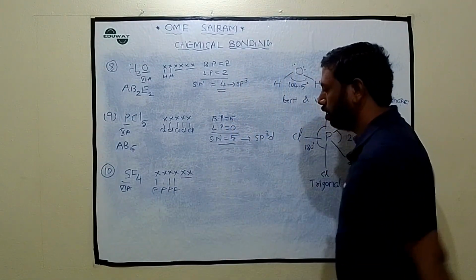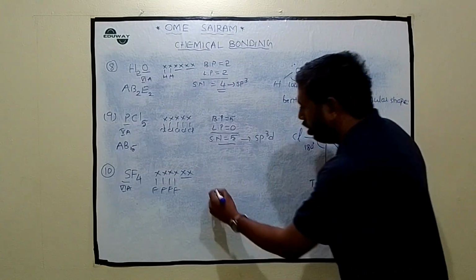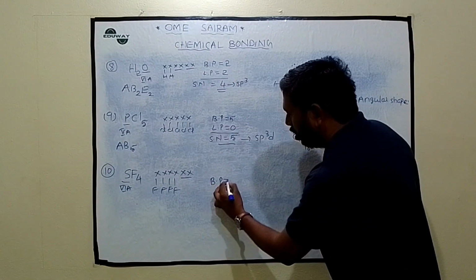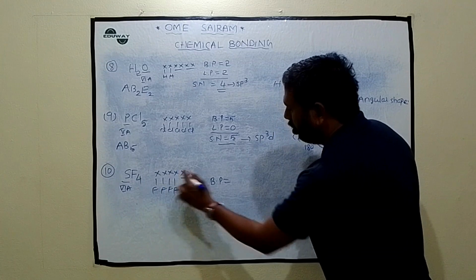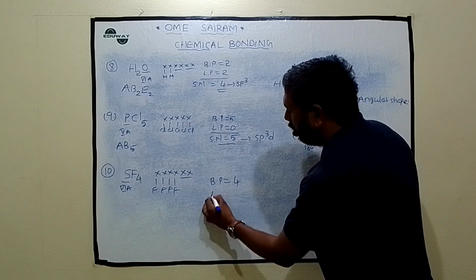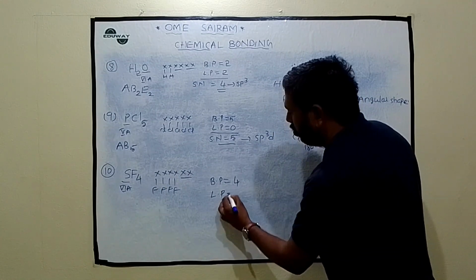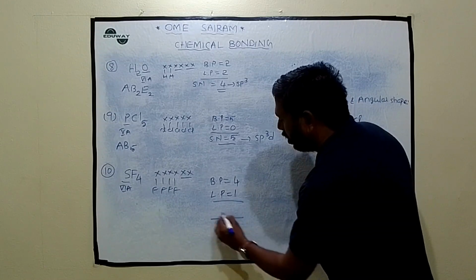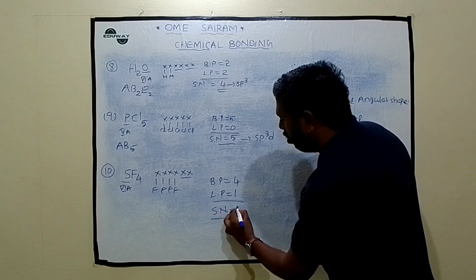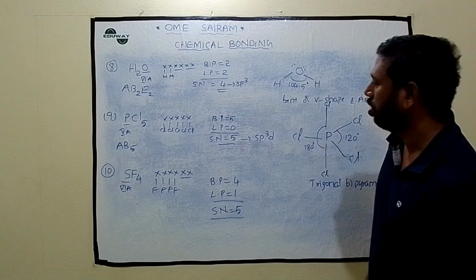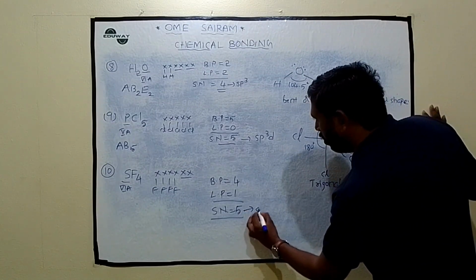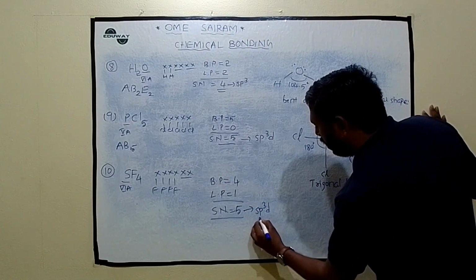The remaining 2 electrons exist as 1 lone pair. Here how many bond pairs? 1, 2, 3, 4. 4 bond pairs and 1 lone pair, and steric number 4 plus 1, 5. Steric number is 5, and the hybridization should be sp3d.